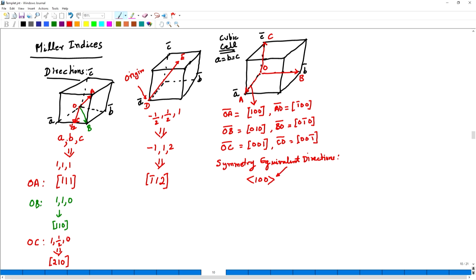So, all the 6 directions are defined by these 3 indices put under triangular brackets. These brackets are very important when we talk about Miller indices for directions as well as planes. We have to use specific brackets so that we are clear whether we are talking about a specific direction or about symmetry equivalent directions, which is also known as a family of directions.